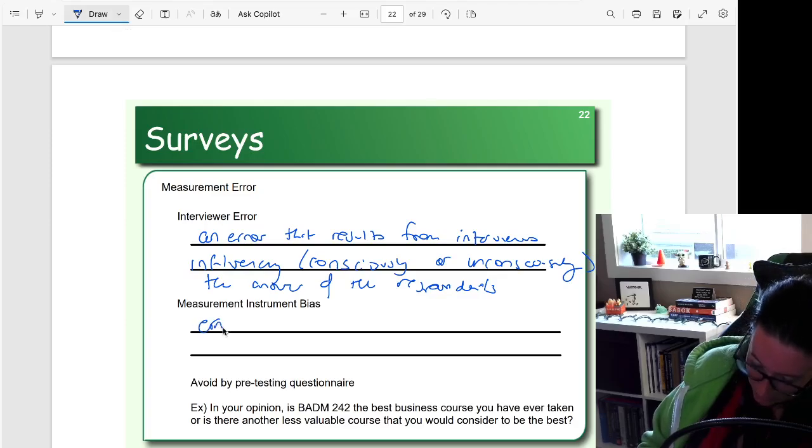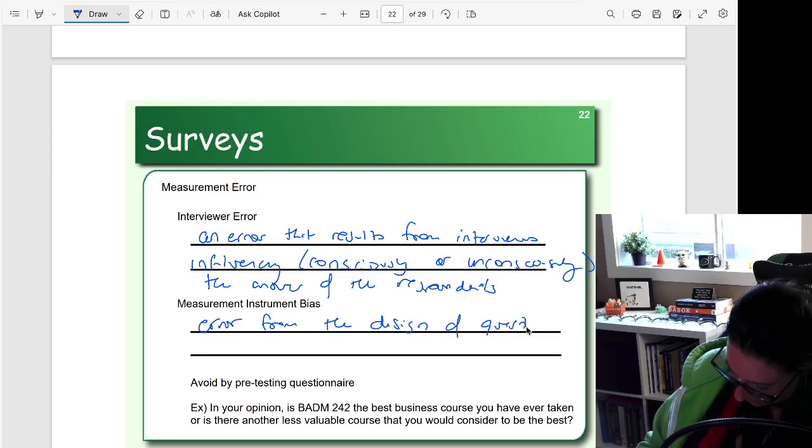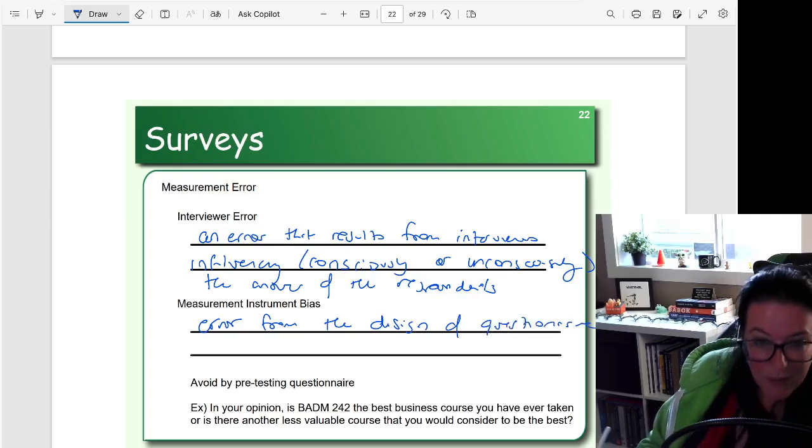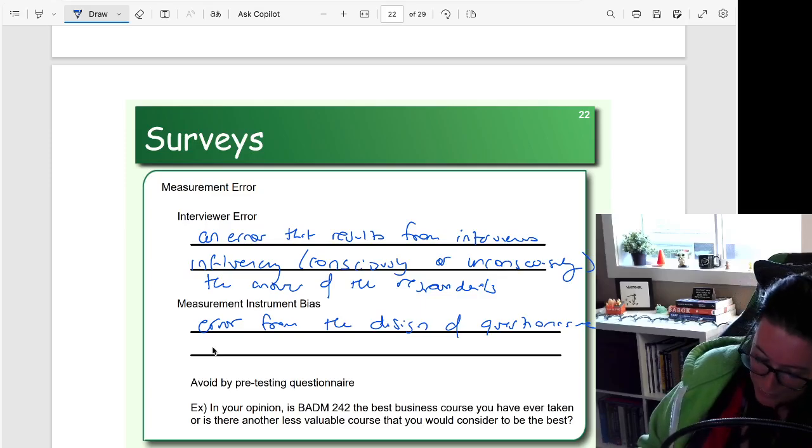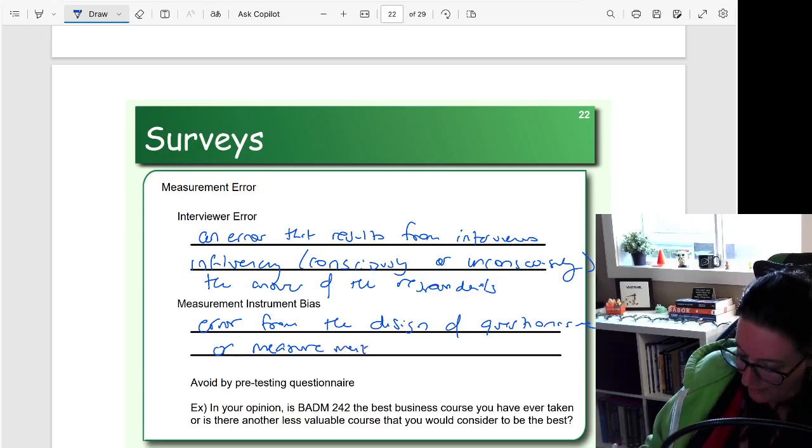This is error from the design of the questionnaire, or the measurement instrument we're using. So this is where we were talking about reliability and validity before.